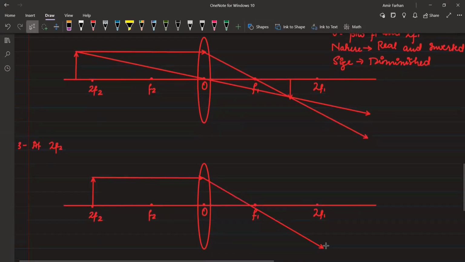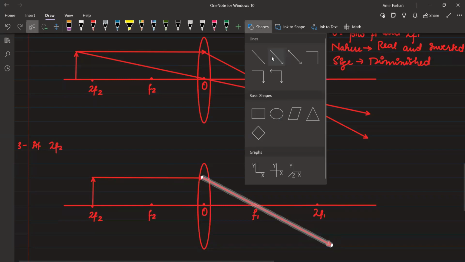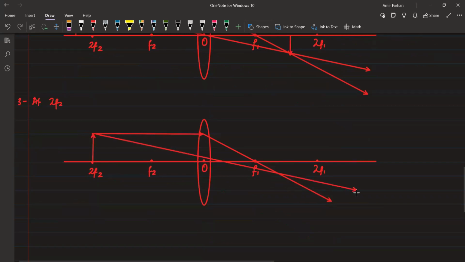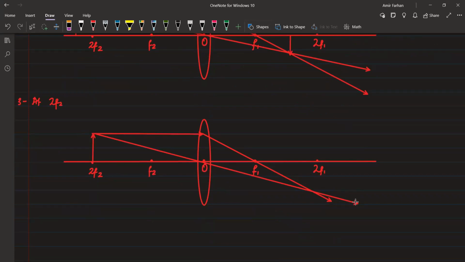Yes, so it will pass through the primary focus. The next ray I will take will pass through the optical center. As you can see, the image is forming exactly at 2F1.